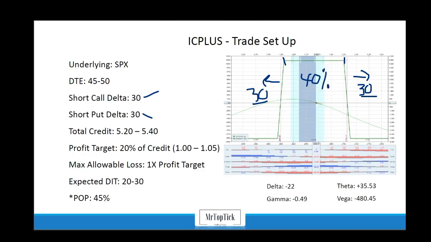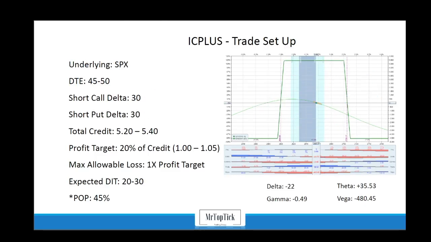But because we're taking in a $5 credit, that pushes our break-evens on this trade by 5 points away from our short strikes. And if we look, for example, right now, 2690 is a 28 delta, and a 2590 is a 27 delta. If we add those two together, that's about 55, which means there's about a 45% probability that SPX is going to be somewhere inside of our short strikes by expiration.